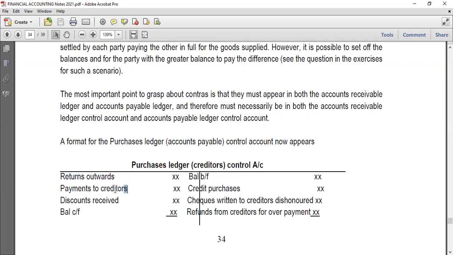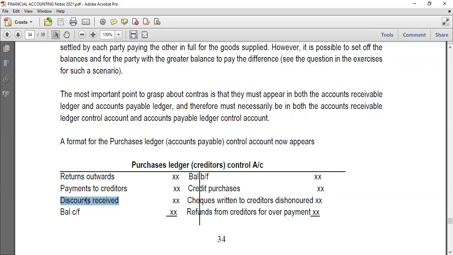When you also pay your creditors, you also debit your creditors control account in the same way. Reason why? Because it is reducing your outstanding creditors balance. And like we've said, anything that reduces our creditors should be debited, both in the normal ledger account, but also in the control account. Same principle, okay? The same thing also happens with the discount received. In this case, it is us that are receiving discounts from our suppliers.